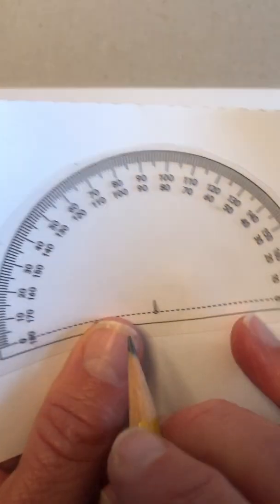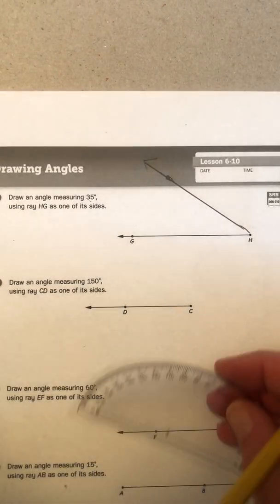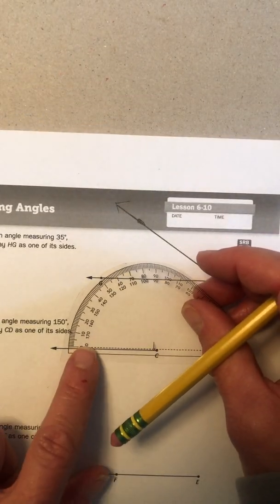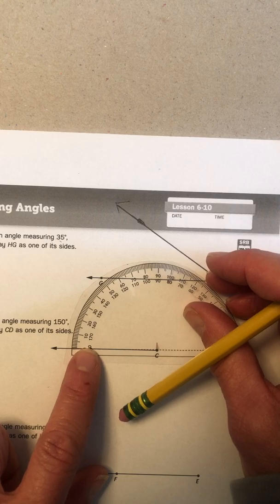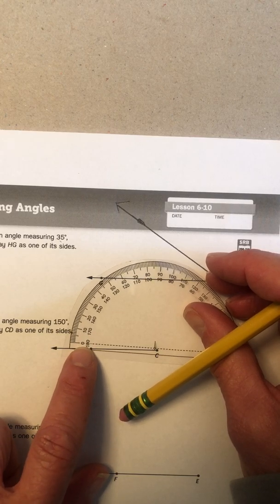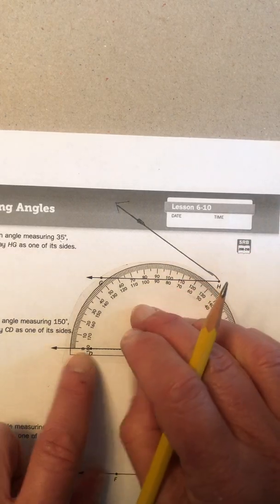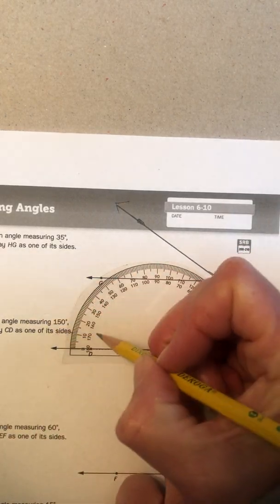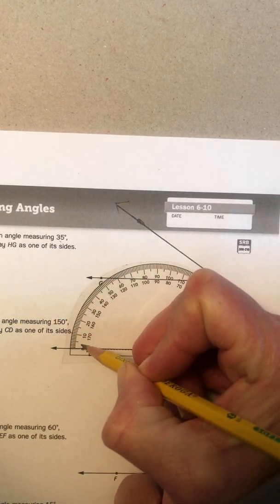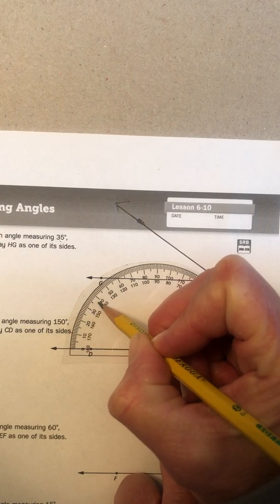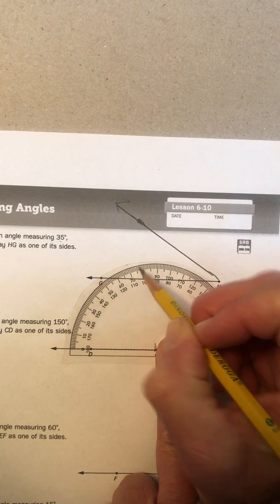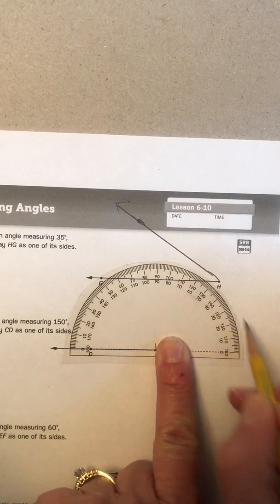So again, use that center point and line it up with letter C. Notice that dashed line is going to go right on top of the ray. And this time, look at where my ray is pointing. I'm going to use the top numbers, 10, 20, 30, all the way around 90 to 150.